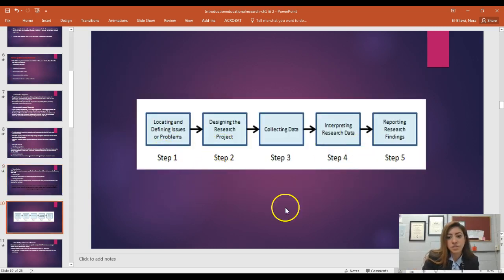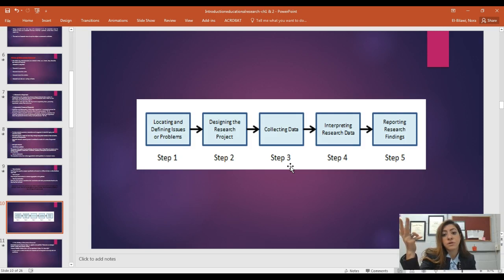So here's an image that I included for you to understand that scientific research has to follow steps. Now we introduced why research is important, and then we talked about how any good, credible research has to be empirical and systematic, following a specific protocol with scientific inquiry and scientific method.